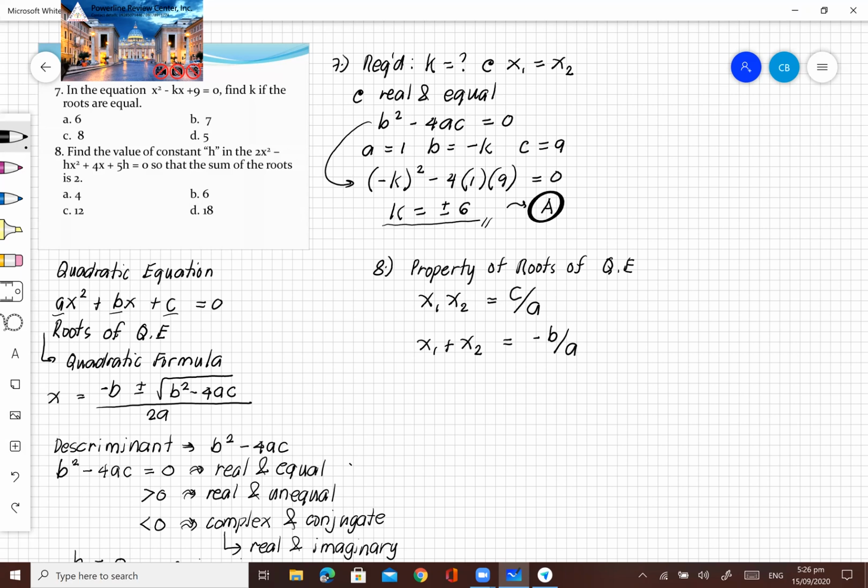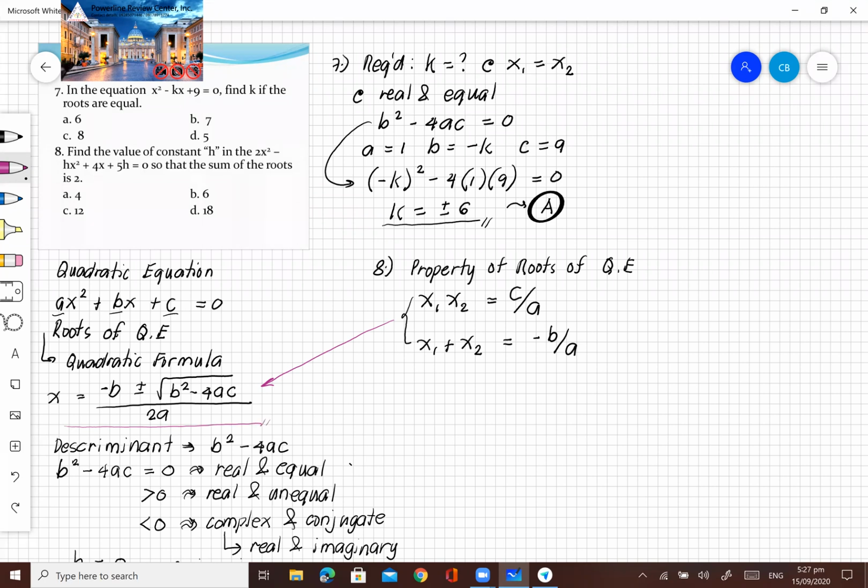So, actually, based on the property of the roots, if we try to get either x1 or x2, you have two equations. Pag sinimplify natin yan, kapatid, eto yon. Anong ibig kong sabihin, diyan sa property ng roots, doon po na-derive itong ating quadratic formula.